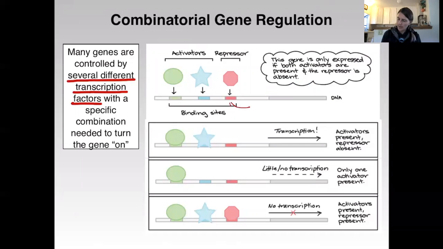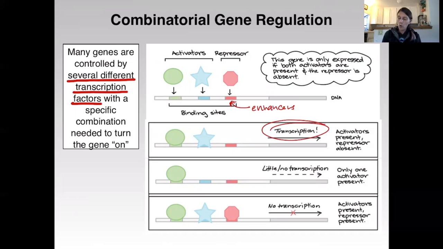So here our binding sites are kind of like enhancers, right? And then these would be our transcription factors, some activators and some repressors. We'll just call them repressors and activators. I think that's simpler. So we only get transcription when we get both activators bound, right?